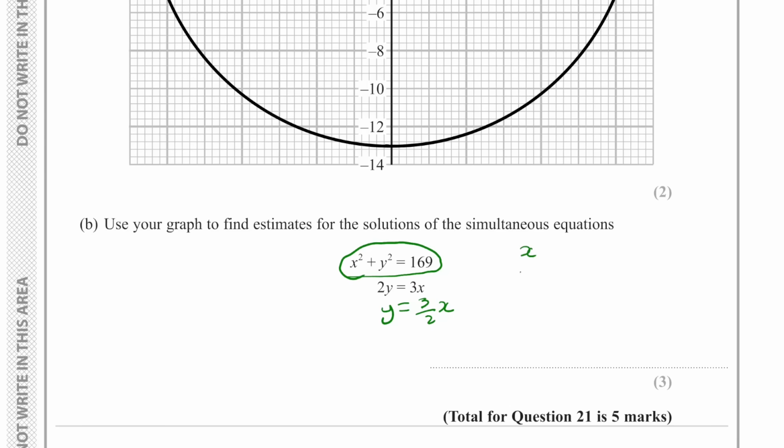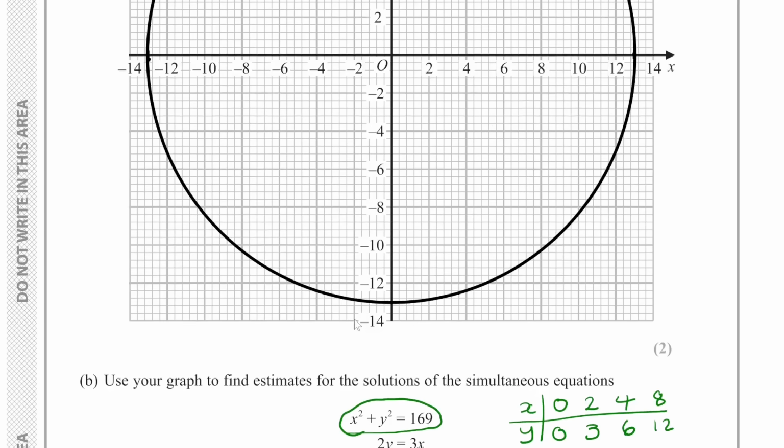So let's do x, y. So y equals 1.5x. So when x is 0, y is 0. I'll just do evens. When x is 2, 1.5 2s are 3. When x is 4, 1.5 4s make 6. When x is 8, 1.5 8s make 12.